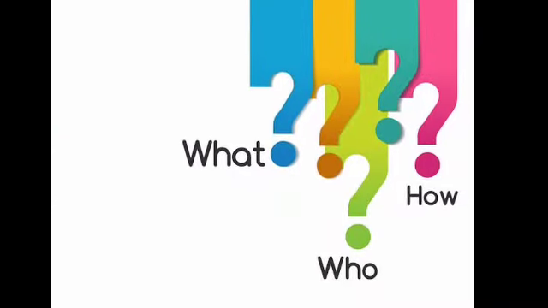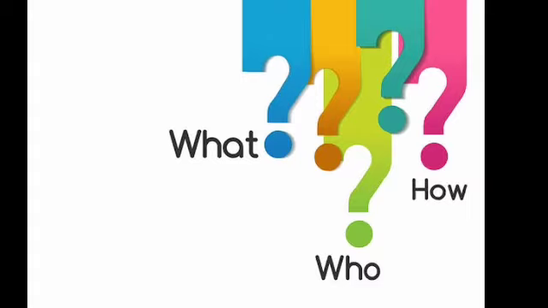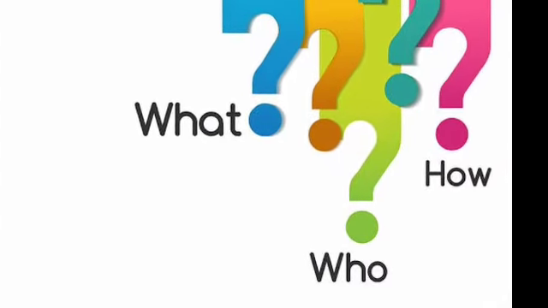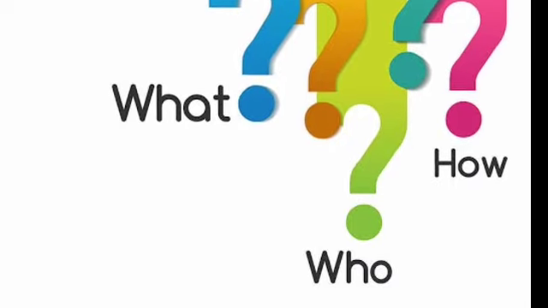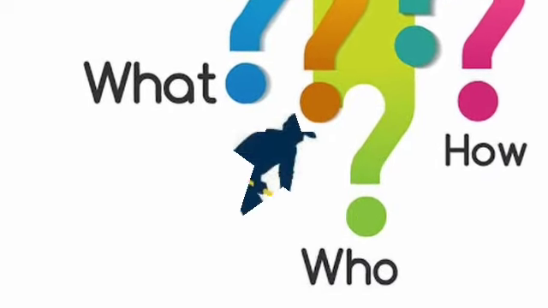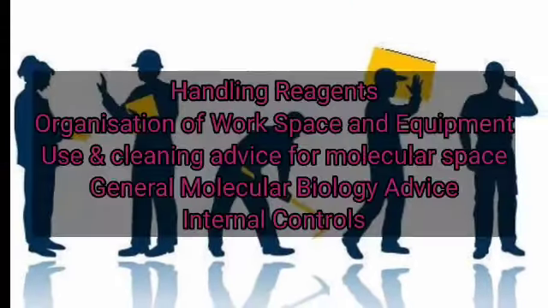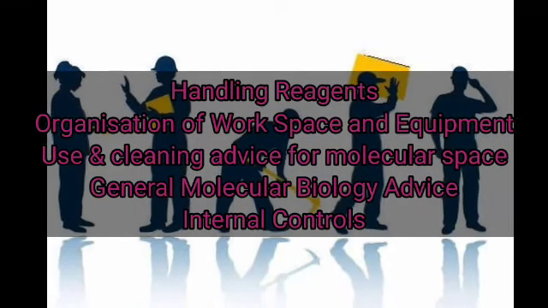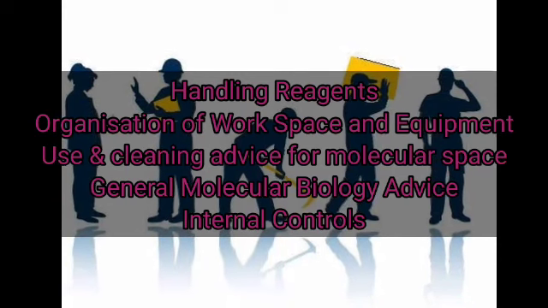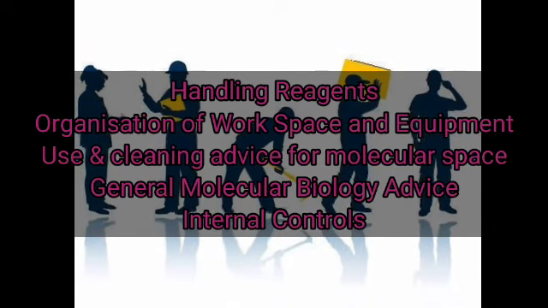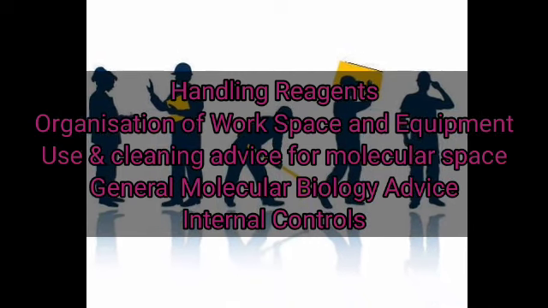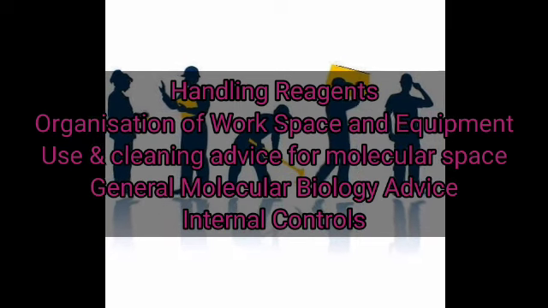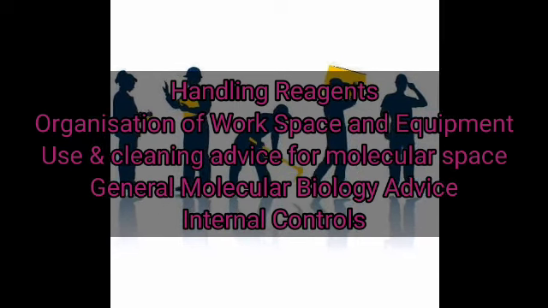To help reduce the likelihood of contamination, good laboratory practices should be exercised at all times. Specifically, precautions should be taken regarding handling of reagents, organization of workspace and equipment, use and cleaning advice for the designated molecular space, general molecular biology advice, and internal controls.